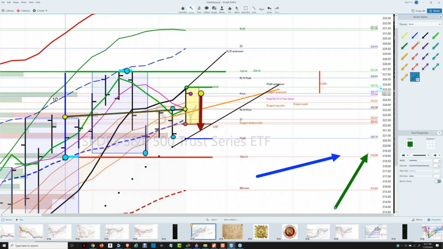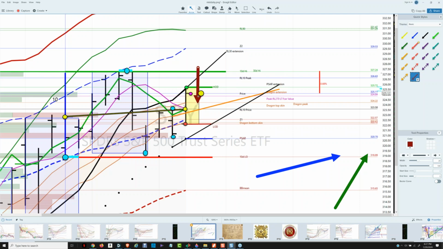Let's take a look at the downside trade now. If it were to open from where it closed at 325.11, on the way down we see the peak RL270 fair value from way back before this virus. 324.84 was the peak of that RL270 fair value, and we're there right now.